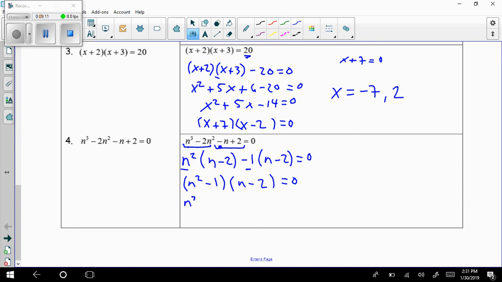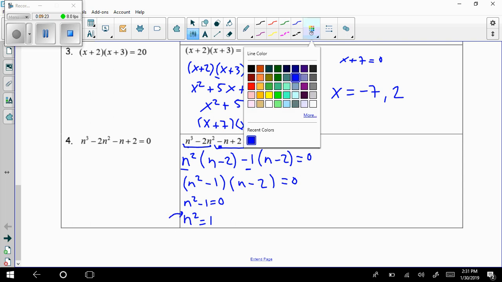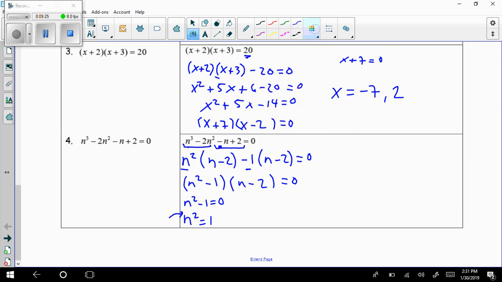So we know that n squared minus 1 equals 0. Well, that means that n squared is equal to 1. You think about how can you get rid of a square? Well, the opposite of a square is a square root. So we're going to square root both sides.